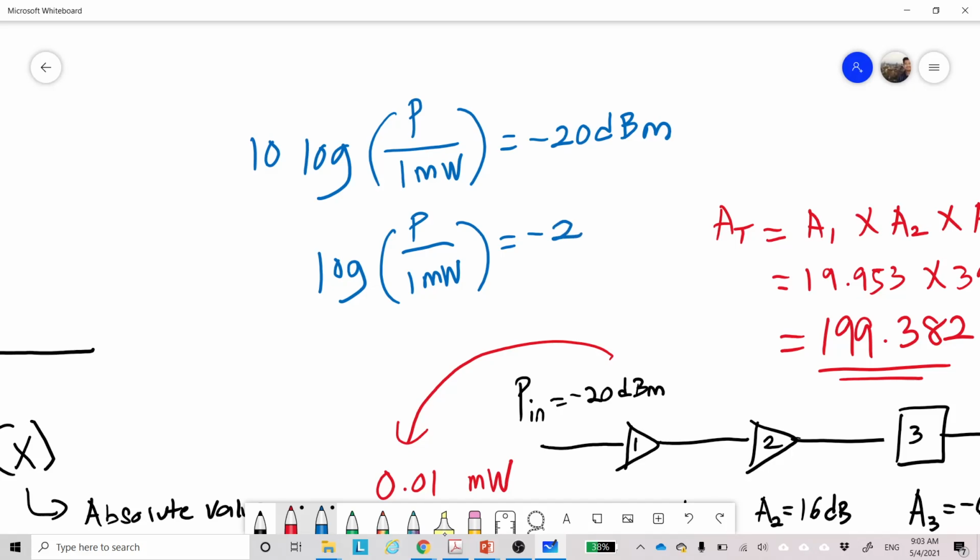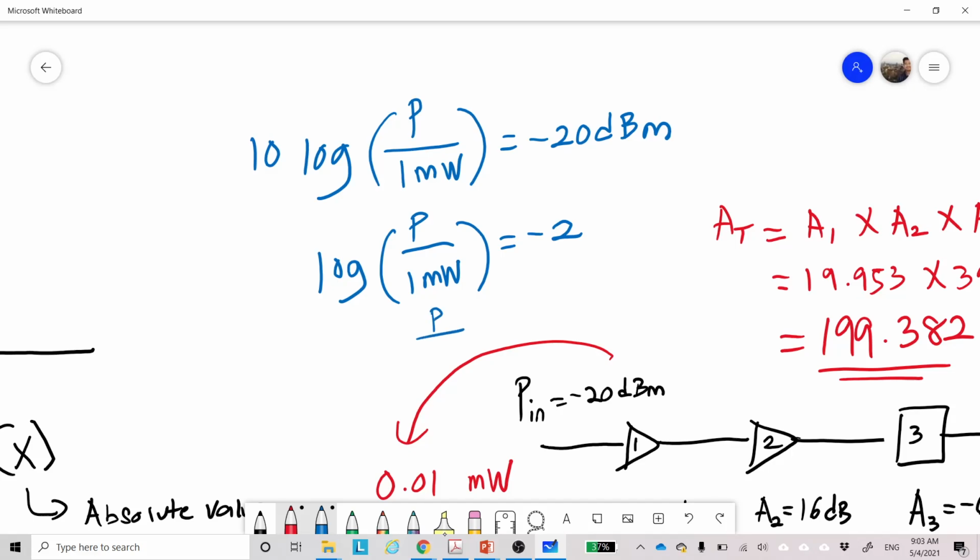So if you do anti-log of this, kalau you buat anti-log ini adalah bersamaan dengan anti-log minus 2, you akan dapat this one also.